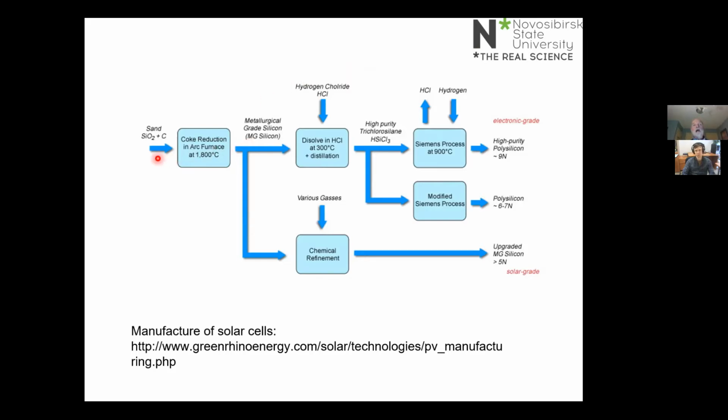So silicon starts out usually as sand. Okay, it's an abundant material, which is, as I said before, one of the reasons that it is used. And then you can see quite a number of fairly sophisticated and probably environmentally potentially dangerous, at least when you've got hydrogen chloride or hydrochloric acid and hydrogen being used to produce the high purity polysilicon that is used for a range of applications.